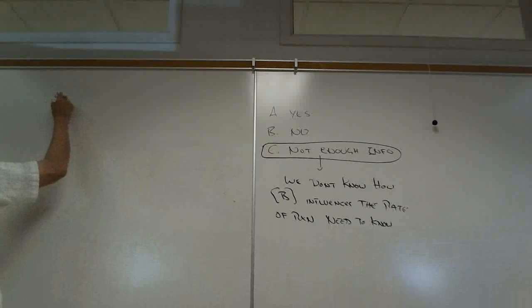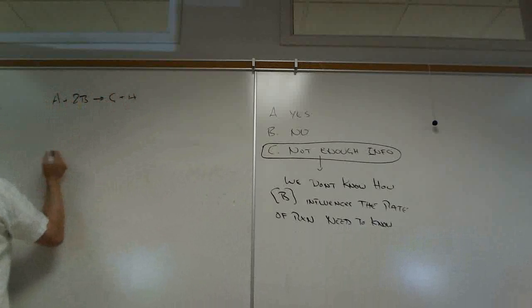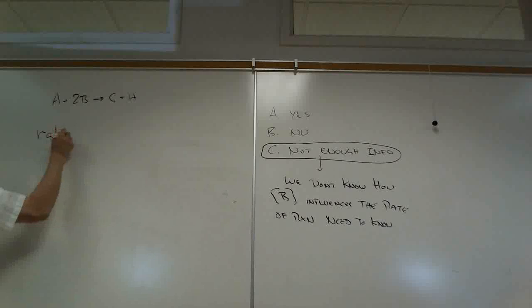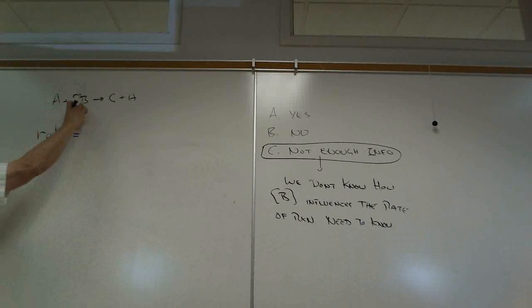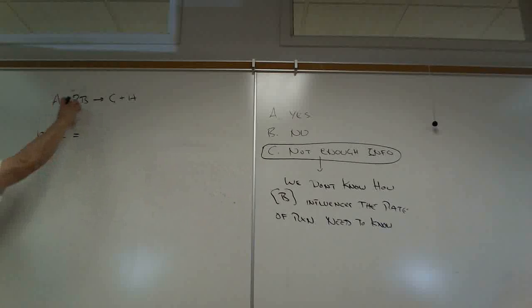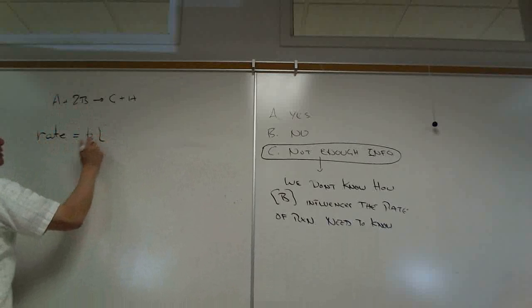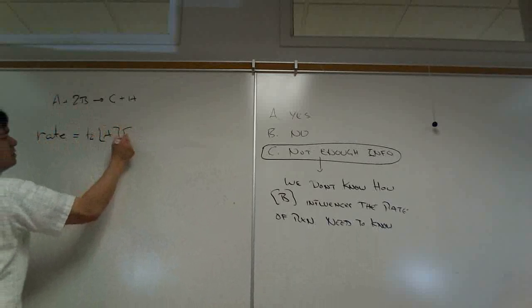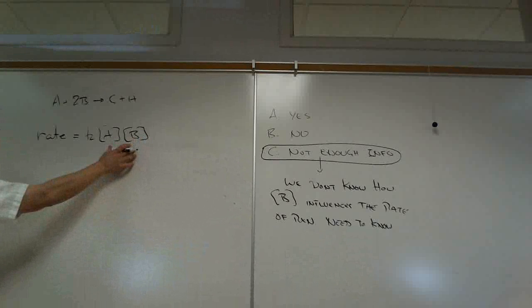If I had something like A plus 2B goes to G plus H, then the rate is going to be influenced by the changes in concentration of A and the changes in concentration of B. Both of these will impact the rate. And generically, we just write it like this. k, the concentration of A, times B, just the reactant concentrations here.